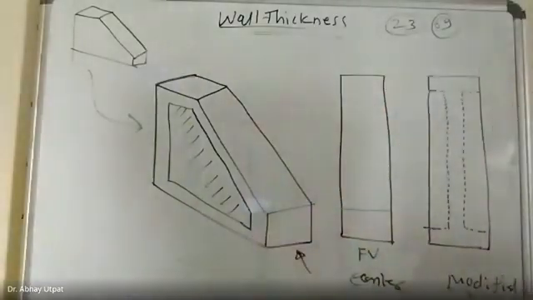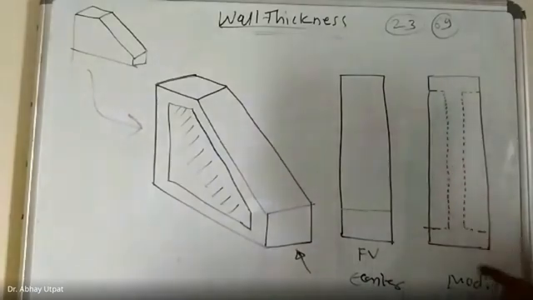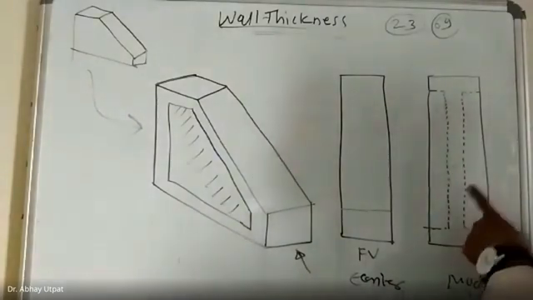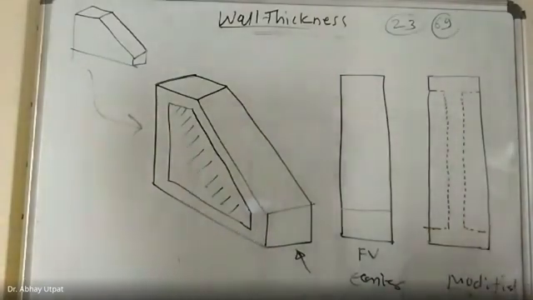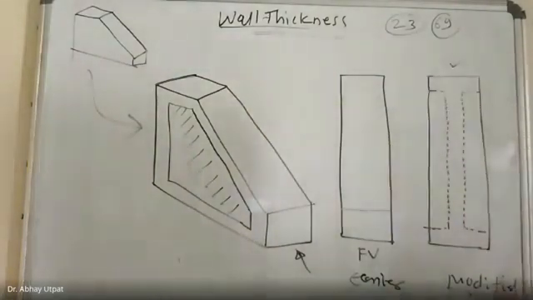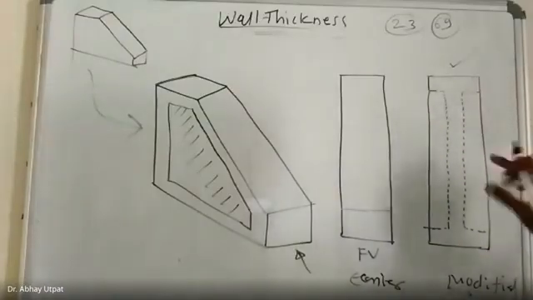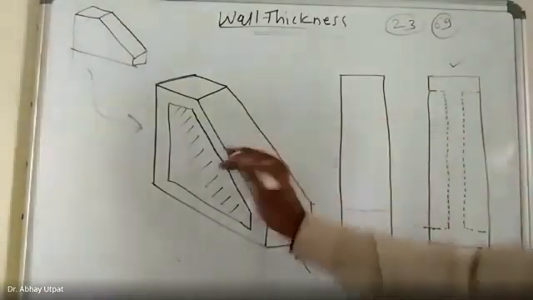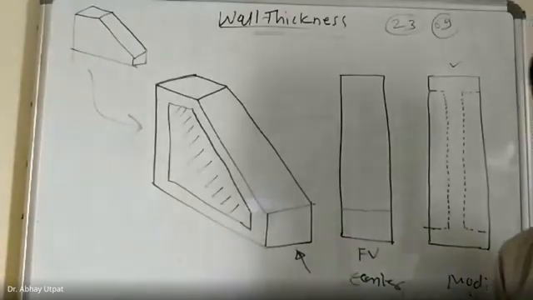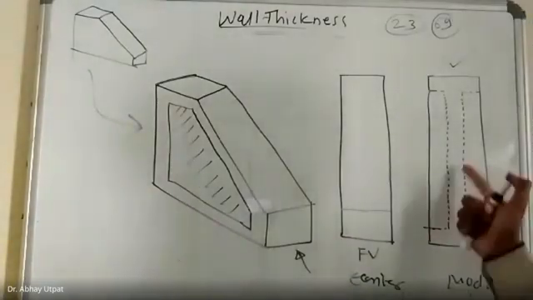This is most correct. See here, as per the drawing convention, this figure is most correct. So earlier I had shown dark lines, now I made it dotted. So these dotted lines represent that there is one wall in between. So modify your figure accordingly. Make correction.